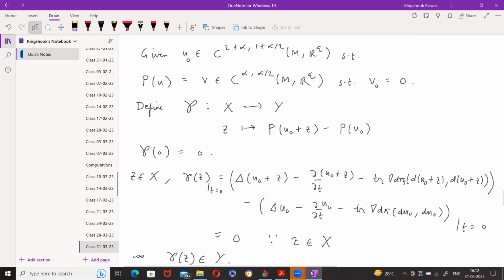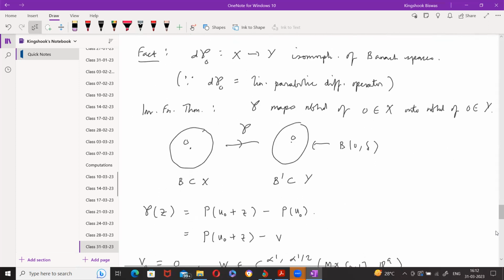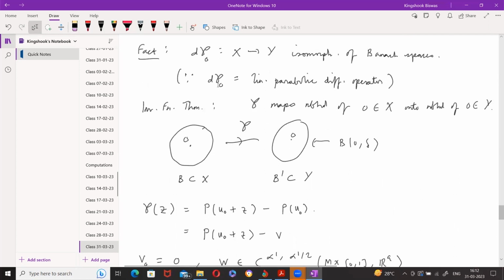And this nonlinear term will give you a linear operator after differentiating, and that will be first order. And so what you'll get is a linear parabolic operator. So this derivative of P at 0 becomes a linear parabolic operator.